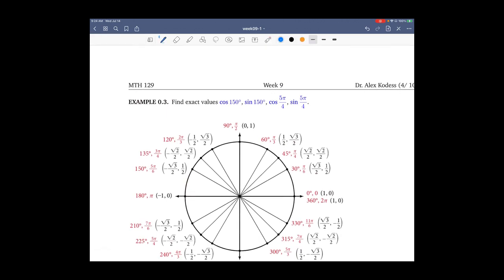Not that we need to know that, but it's useful to practice translating between radians and degrees. 150 degrees is 150 times pi over 180, and that's 15 over 18, dividing by 3, yes, 5 over 6.